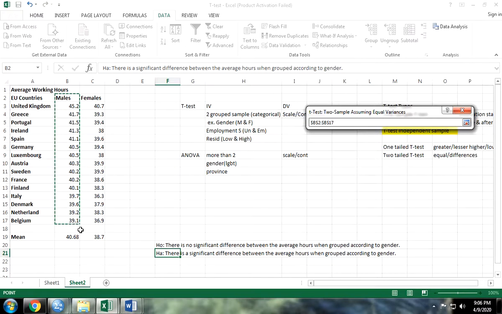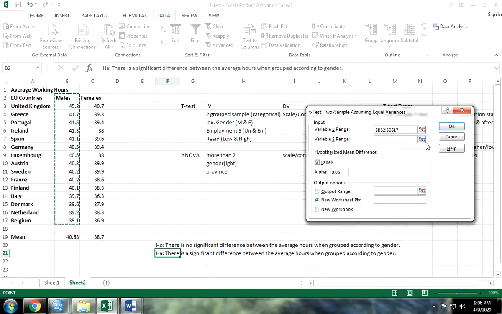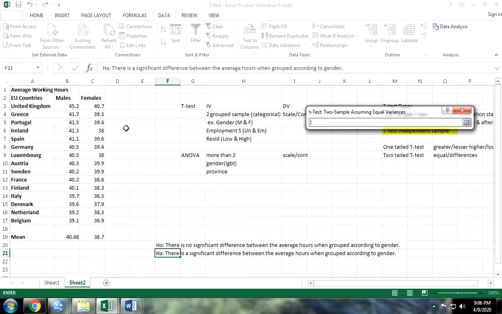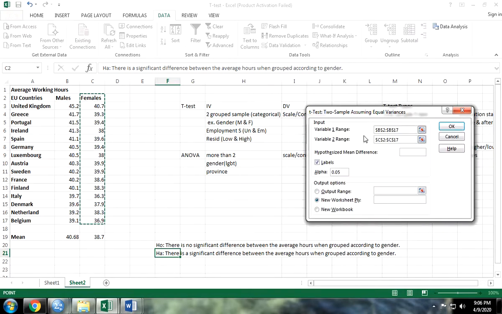It is sensitive if something is not included or if we include a blank space. Then go to Variable 2 and select the females. The input function compares males and females according to average working hours. Our independent variable is gender.